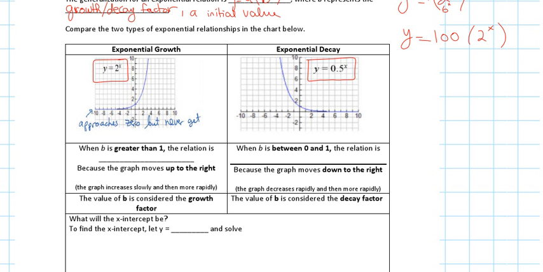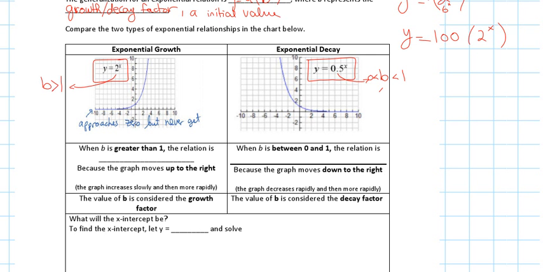But why does 0.5 give you an exponential decay? That value is between what and what? 0.5 is a value between 0 and 1, right? So we'll talk about that in a bit, but if you look at the base here, this base is actually between 0 and 1. This base here is greater than 1, okay?